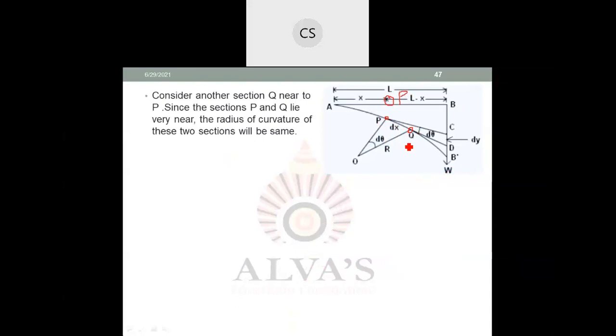Then the radius of curvature of point P and point Q are one and the same. So the radius of curvature, let us say R. Even OQ and OP are equal to R.